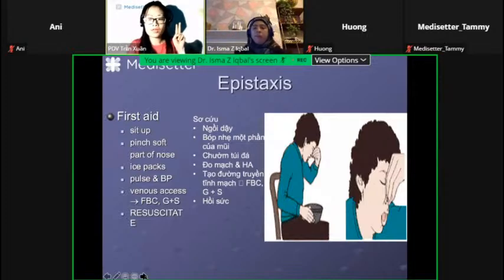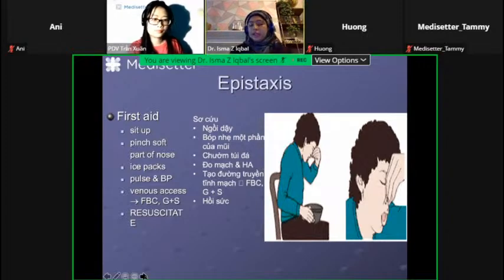In that case, you would check their blood pressure, pulse, gain intravenous access, and take some bloods for full blood count and group and save to see if you need to cross-match them for any blood.